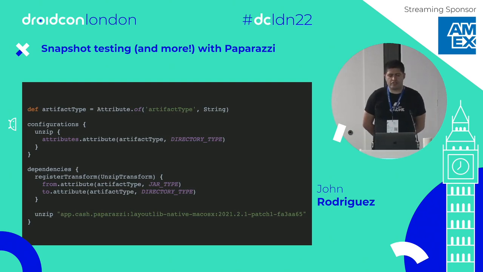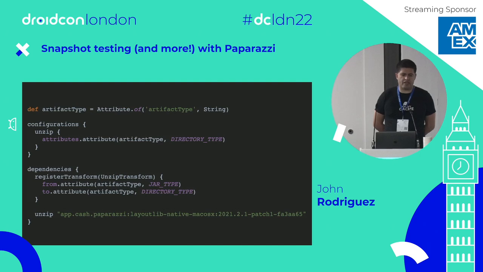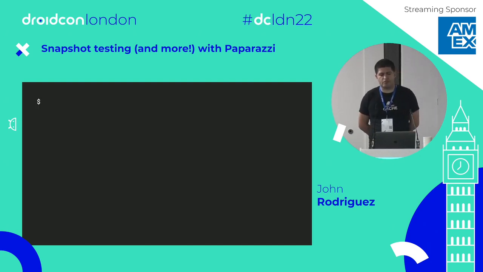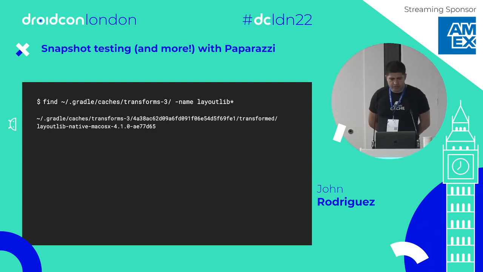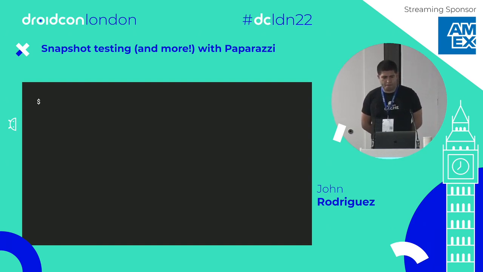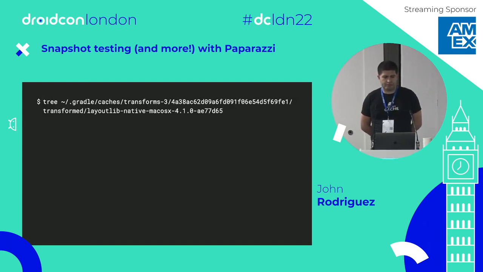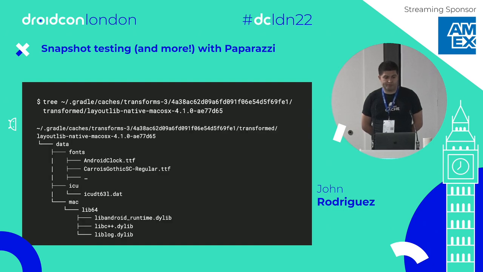So in this case, we take the platform-specific dependency and unzip it and put the files in the right place so that we can pass those file paths to the bridge as opposed to class loading it. And if we look under the transforms directory, we'll see just that. There we go.